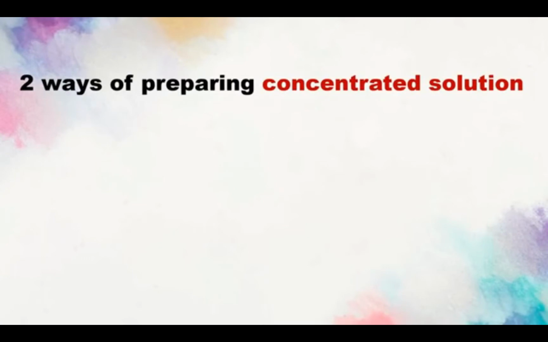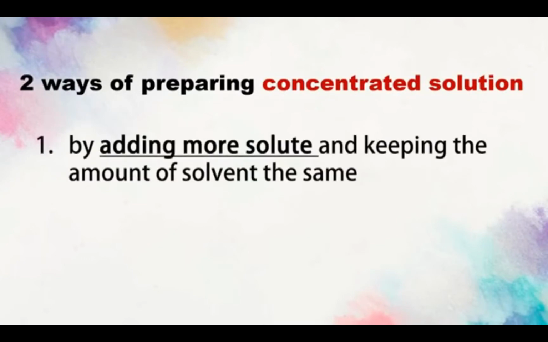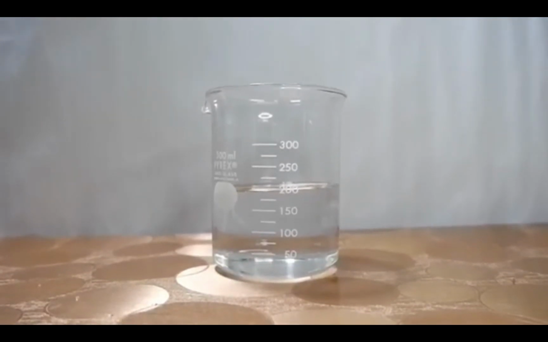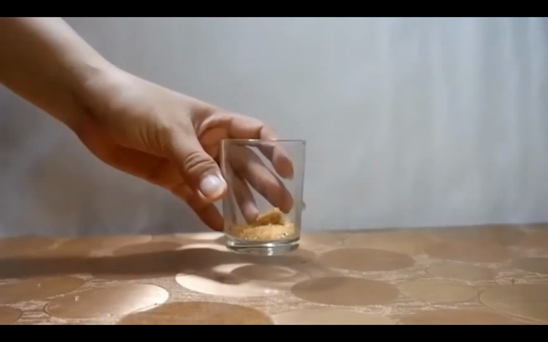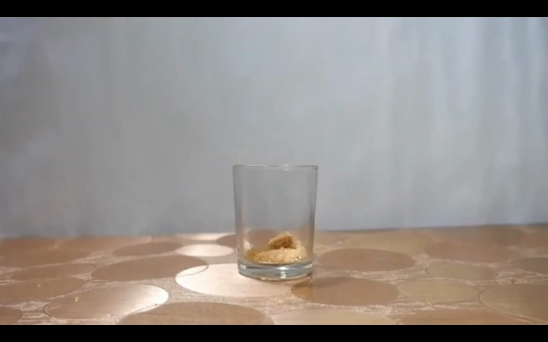There are two ways of preparing concentrated solution. Number 1. By adding more solute and keeping the amount of solvent the same. For example, the actual volume of water is 200 milliliter and the actual amount of sugar is 1/8 of this small glass.